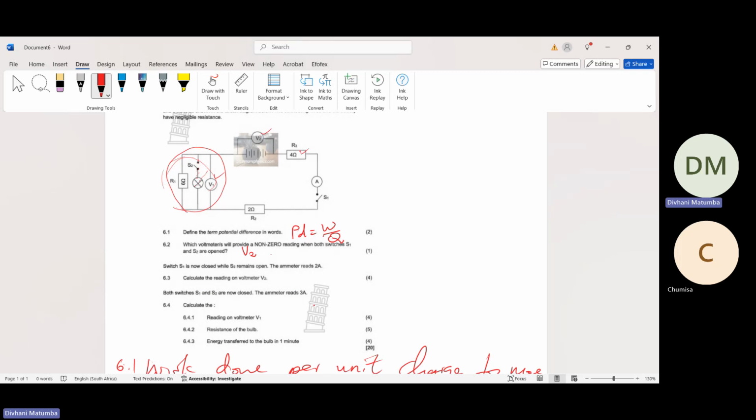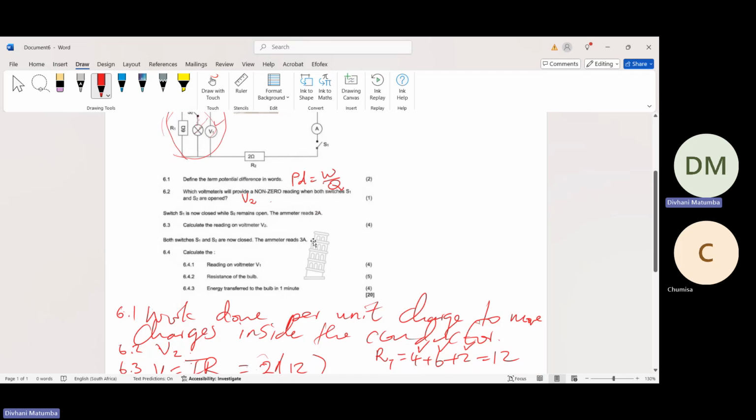Yes, sir. And then after calculating the equivalent resistance, we go and reconstruct our circuit and make the parallel connection one resistor. You still remember? Yes, sir. Okay. Now our parallel connection will have the following.